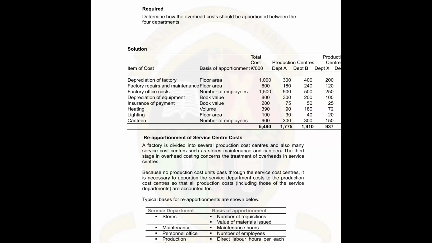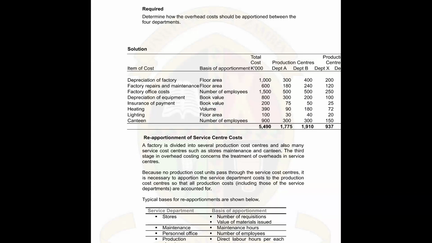Just a quick recap. We made mention last time that when overheads are determined and given to the departments, they come in lump sum, as a total. Then the company will have to divide these overhead costs according to the different departments it has.